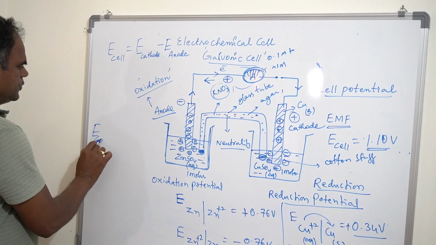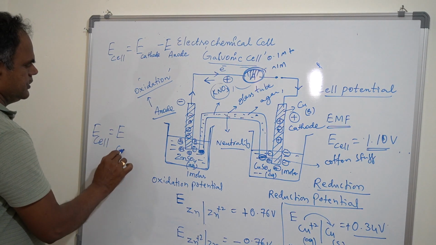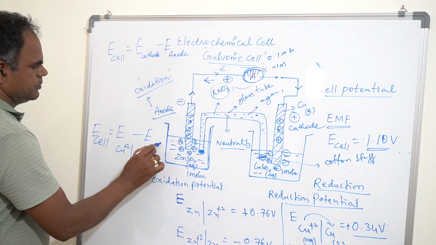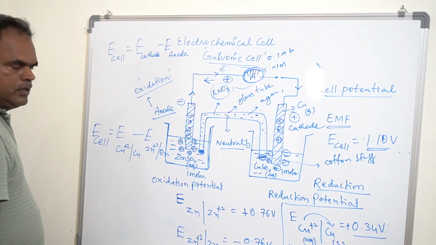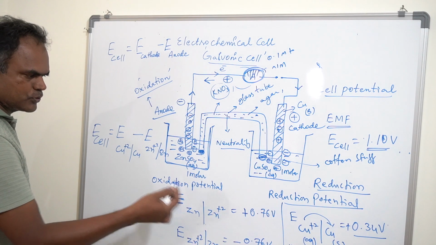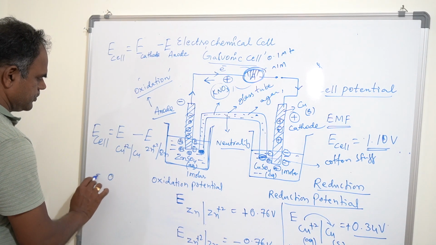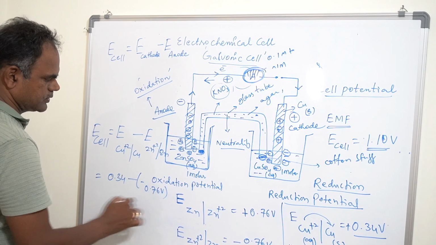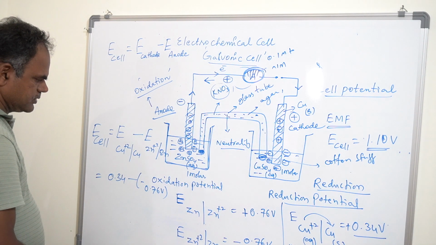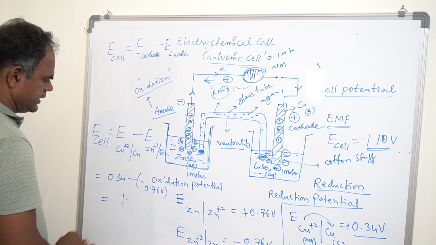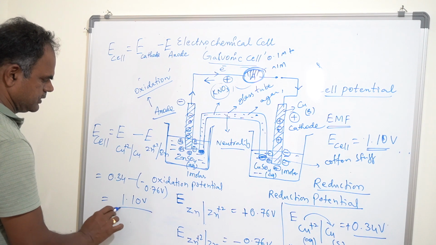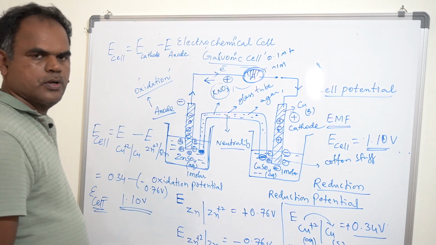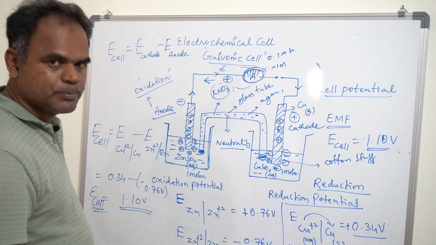So E cell is equal to E of Cu plus 2 to Cu minus the electrode potential of Zn plus 2 to Zn. With the single electrode potential values I told you, copper 0.34 minus minus 0.76 volts, how much will you get? 1.10 volts, which is E cell, called the cell potential.